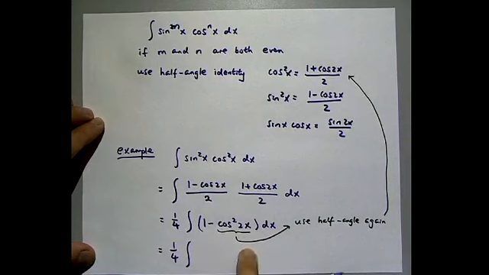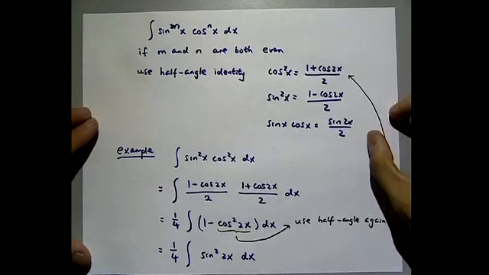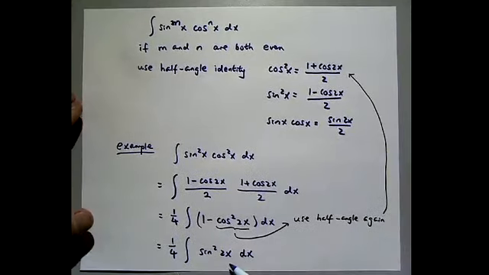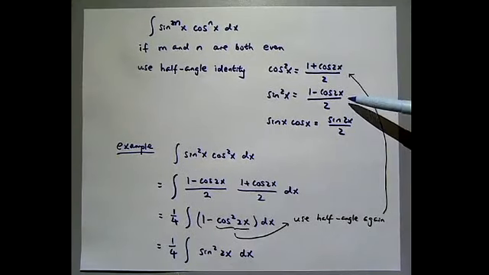Because I know 1 minus cosine squared is sine squared of the same angle, which is 2x. Okay, so if I do that, then I would use this identity here. This seems simpler, right? I don't have to deal with another 1 in front of it.